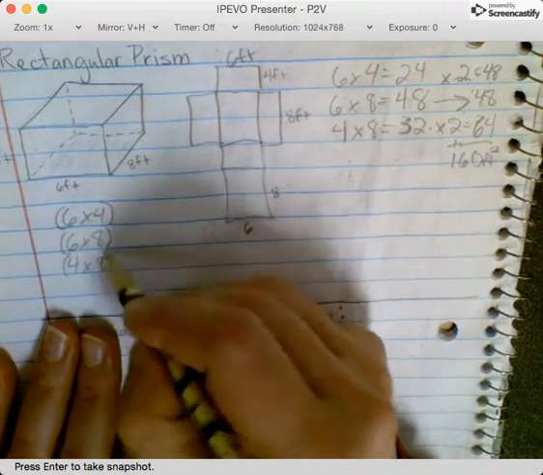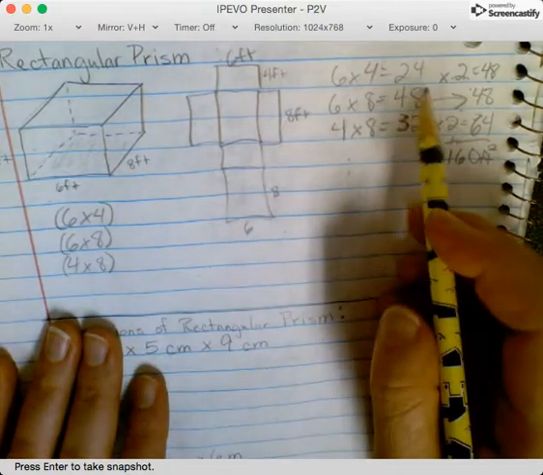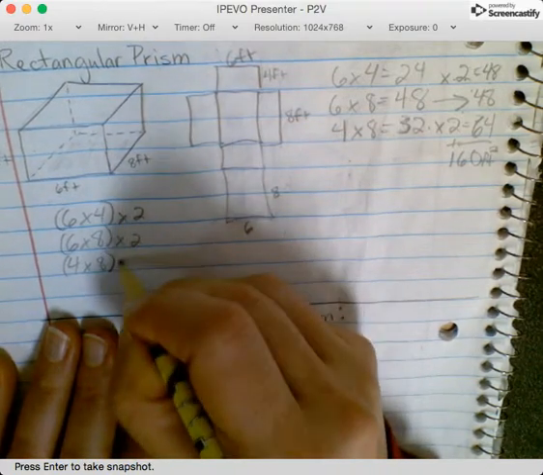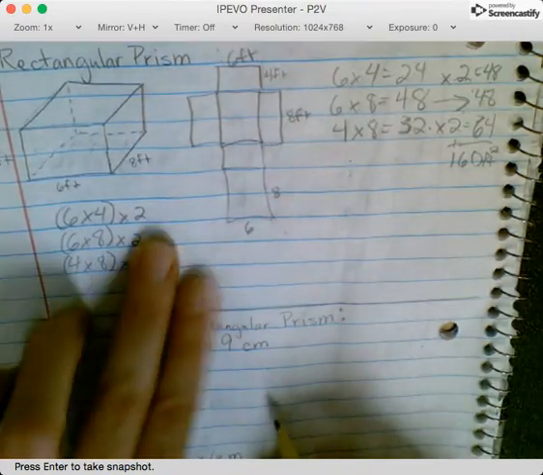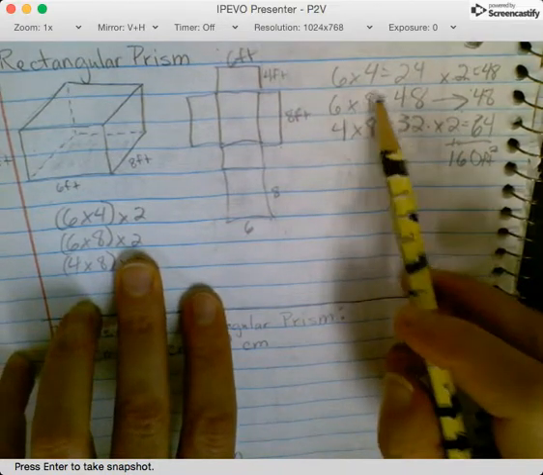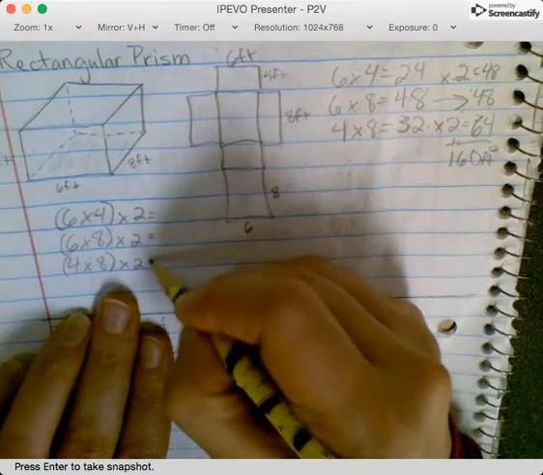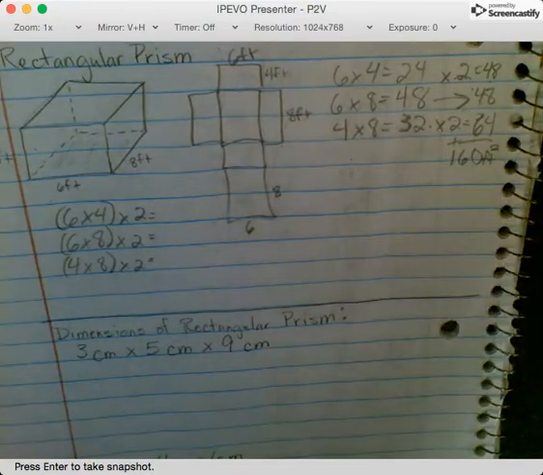Remember up above we said they all have matching pairs. So if I just multiply them by 2, that looks like what we did up above, aside from the missing side.